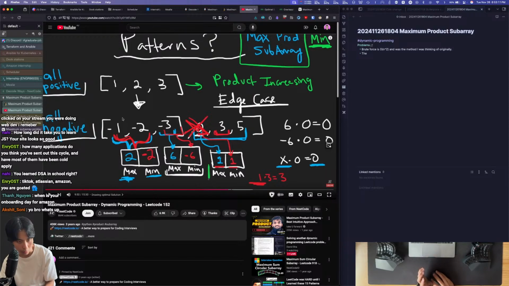The subproblem up to -1 has an answer of whatever. Subproblem up to -2 has an answer of whatever. Subproblem of -3 has an answer of whatever. But once you reach that end, that's all you care about. So from that understanding, the DP only has to be at most the length of nums.